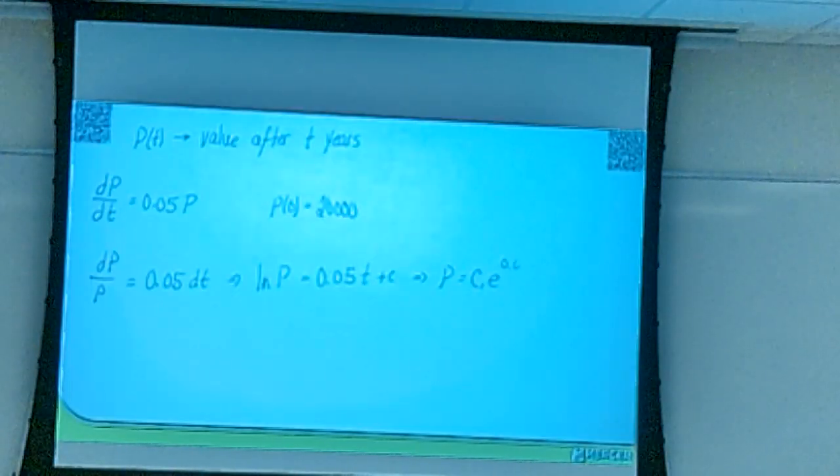You get P is some constant times e to the 0.05 t.